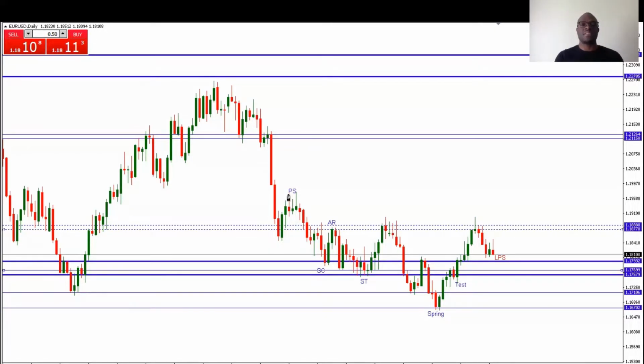So what you can notice is that I've put in my preliminary support here, and then this is my selling climax, and this is my automatic rally, and my secondary test here. And then the price moves up to our resistance area, and then this is a spring, and then I've identified this as a test, and the reason why I have put in the red, it's not yet the last point of support. I had marked it up yesterday when the price was reacting on this.